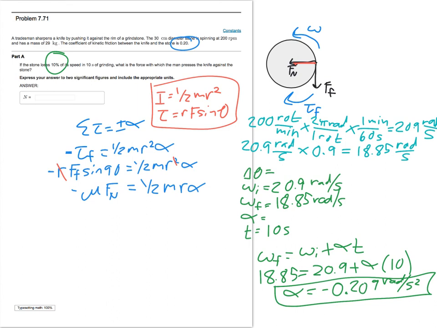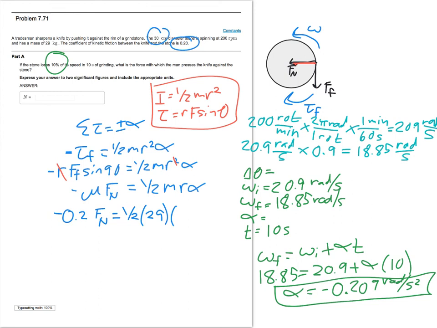Now I can go ahead and finish this problem, plugging in all the things I know. So my coefficient of friction is 0.2 times that normal force, which ultimately is what we're solving for, the force that the knife is pushing up against the stone with, and that's going to be equal to 1/2 times my mass, which is 29, times my radius.